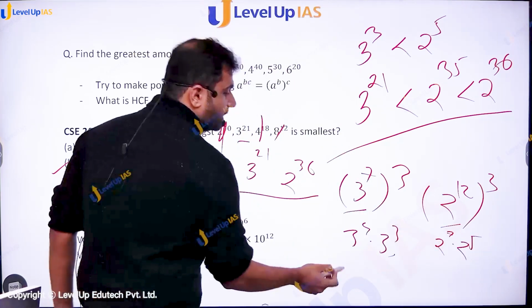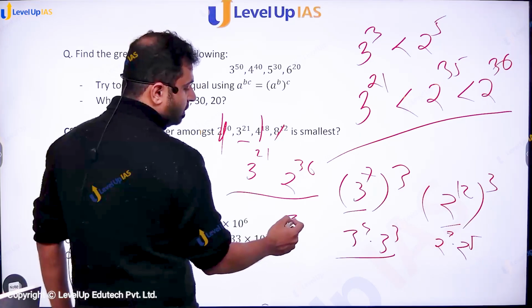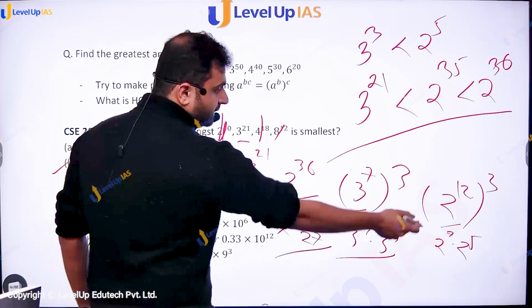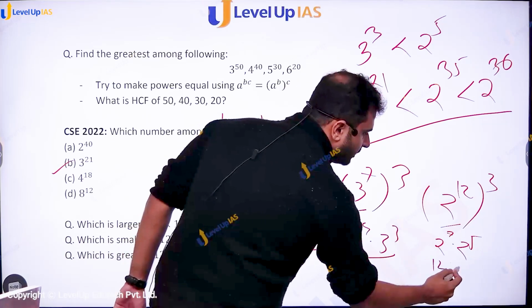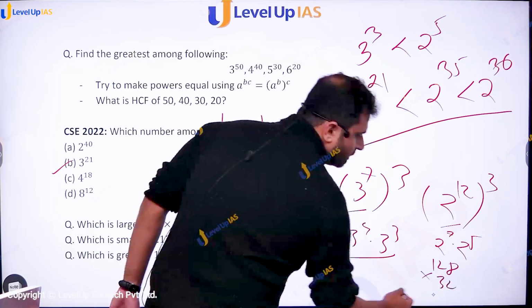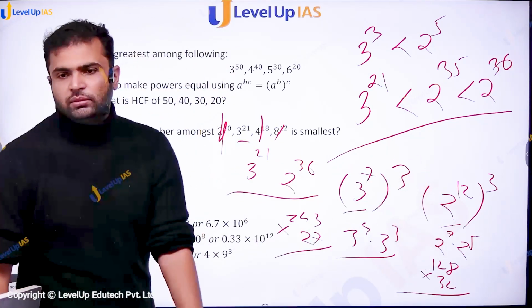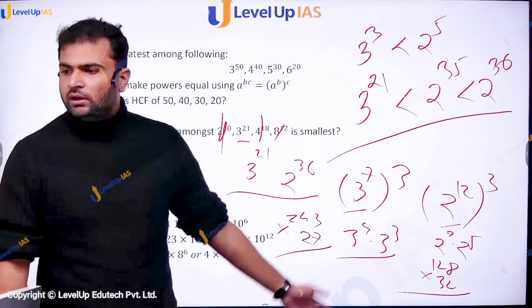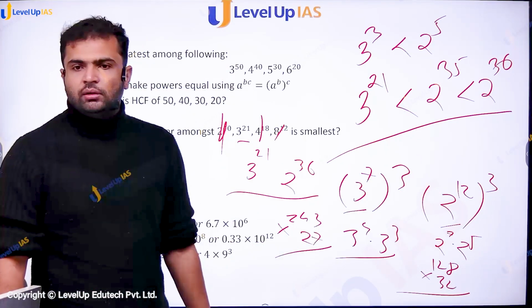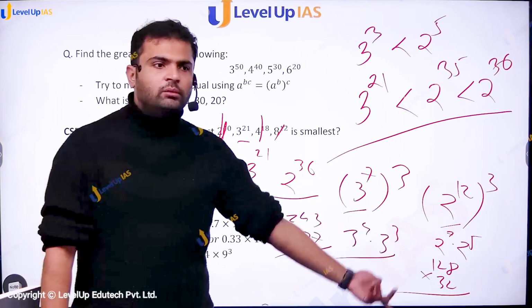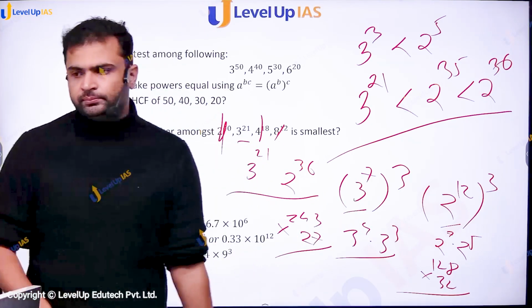So calculate this. This is nothing but 243 into 27, and that is 128 into 32. Calculate these two multiplications. The larger one would be larger number. This is a little bit brute force method. बाकी कुछ नहीं तो मल्टीप्लिकेशन तो कर ही लेंगे ऐसा वाला.